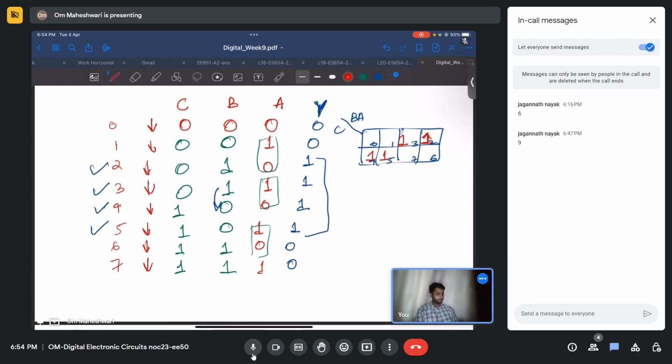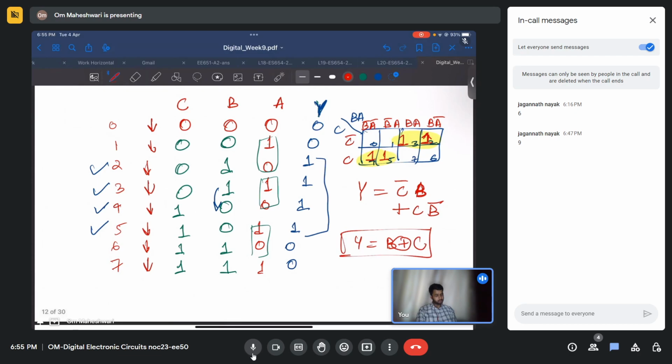The columns are B bar A bar, B bar A, B A, B A bar, and the rows are C bar and C. This gives us two pairs simply. So Y equals C bar B plus C B bar. That means Y equals B XOR C. So this is what was asked.